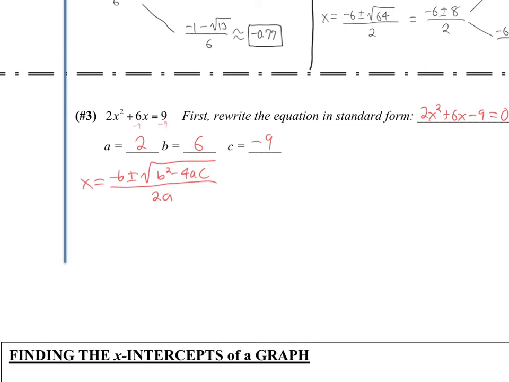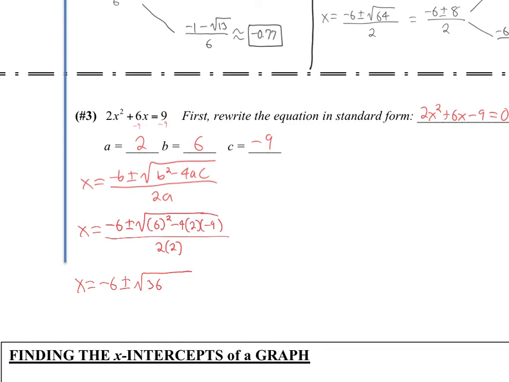All right, let's do it. X equals the opposite of b. Opposite of 6 is negative 6. Square root of b squared is 6 squared. Minus 4 times a, which is 2, times c, which is negative 9. All over 2 times a, which is 2. So we got negative 6 plus or minus the square root of 6 squared is 36.